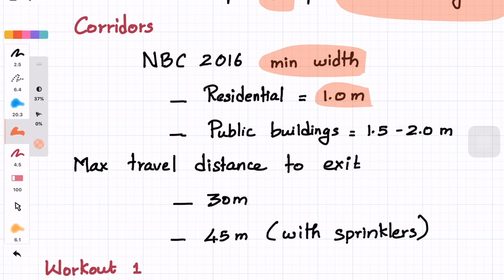For residences it is 1 meter minimum. For public buildings it is 1.5 to 2 meters minimum. The maximum travel distance to the exit is 30 meters without sprinklers. If the building has sprinkler systems, then it is 45 meters.